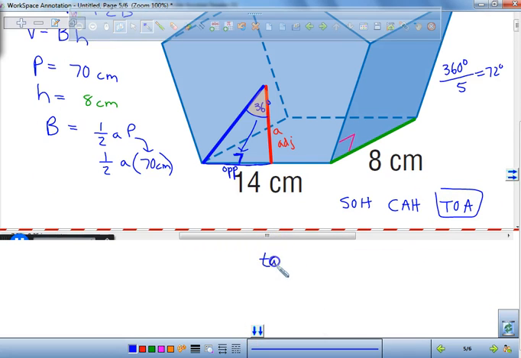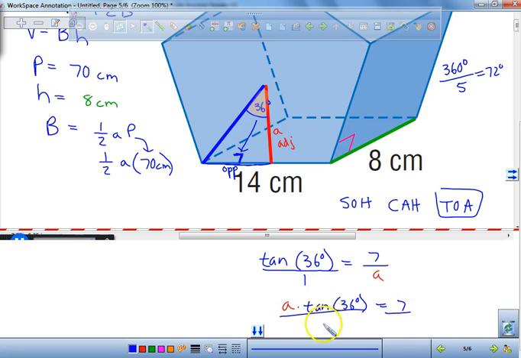We're going to write this. The tangent of 36 degrees is equal to 7 over lowercase a. Now when I place this over a 1 and I cross multiply, I get this. A times the tangent of 36 degrees equals 7.